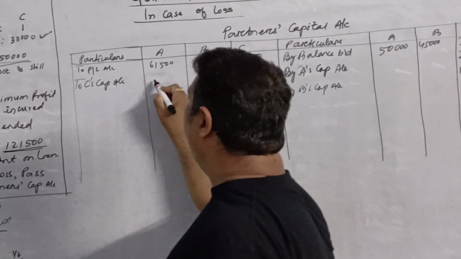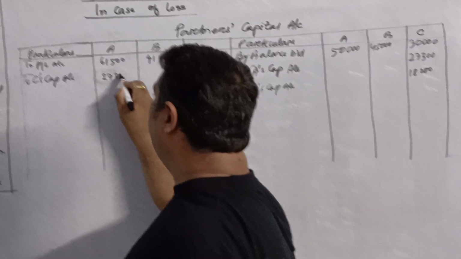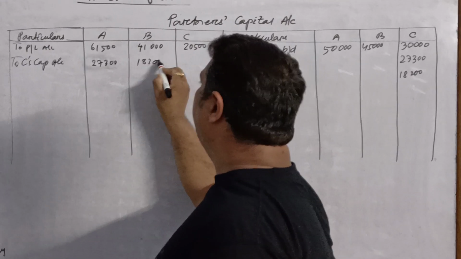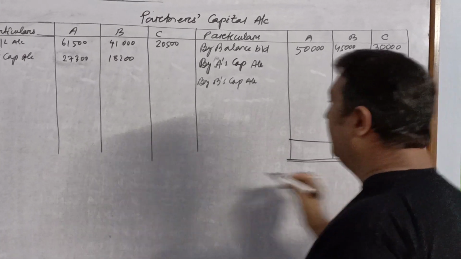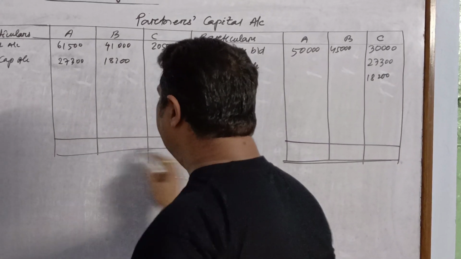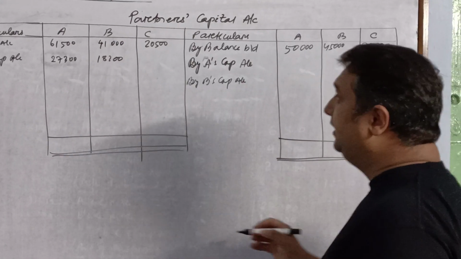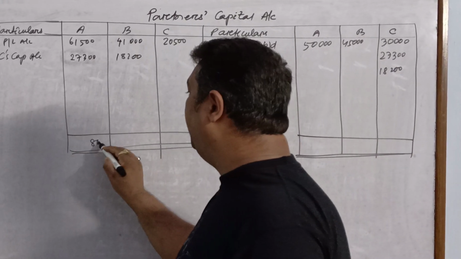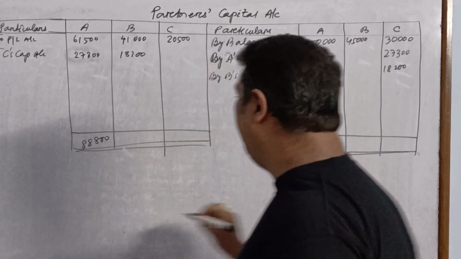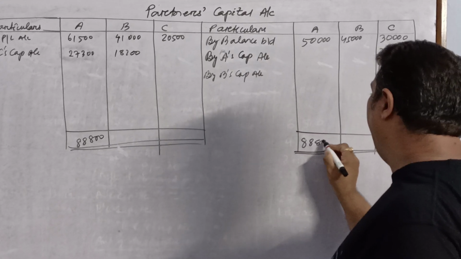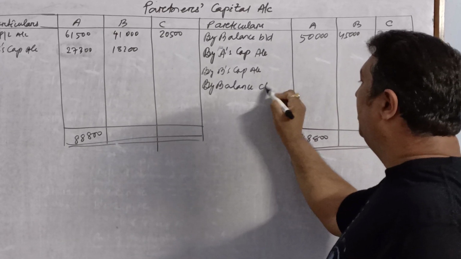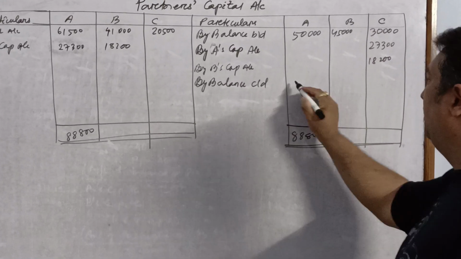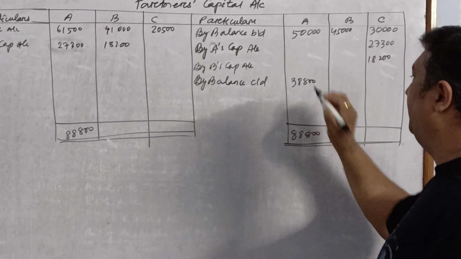So to C's capital account, 27,300, 18,200, and now we will balance as we balanced in the previous example. So here debit side is more, it will be 88,800. The balancing figure will be your closing balance of capital, which is 38,800.